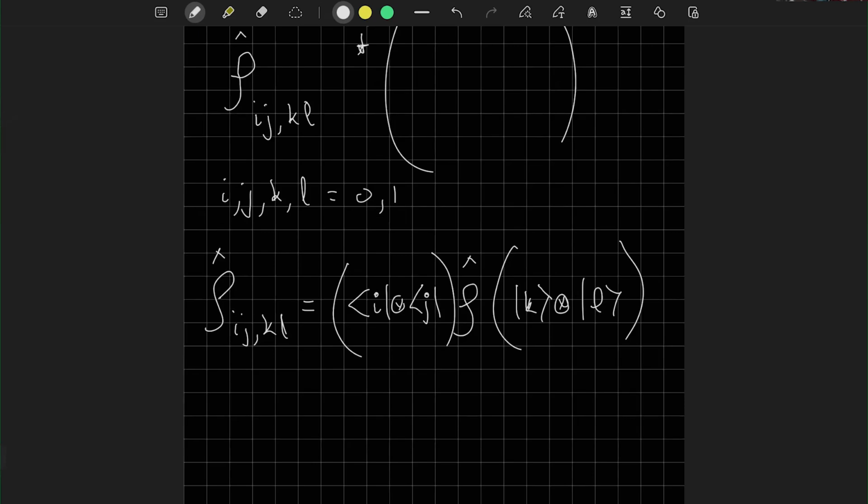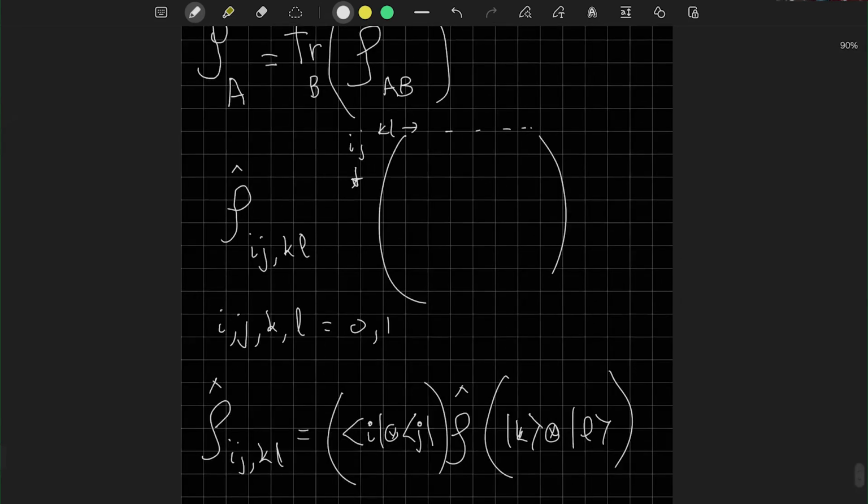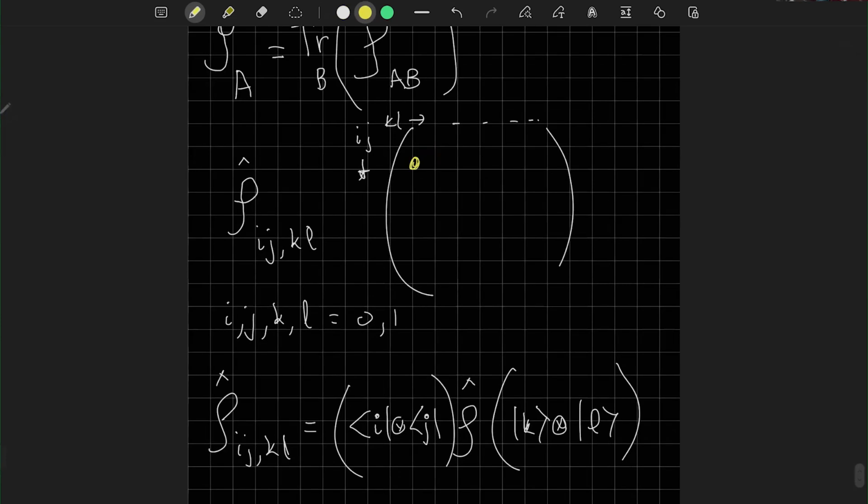So likewise, if I vary I and J over 0, 0, 0, 1, 1, 0, 1, 1, and likewise for K and L, I get all the 16 elements in the density operator. So suppose I have these 16 elements. I choose one element, say I choose this element. I'm just describing the notation here.